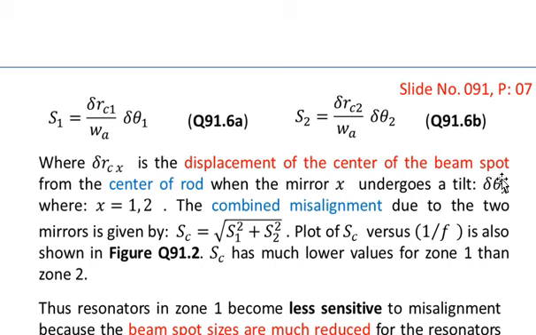of the center of the beam spot from the center of the rod. So if the center of the beam spot coincides with the center of the rod, then S1 and S2 will be 0. But due to the misalignment, when the dioptric power of the lens is changed, delta RC1 and delta RC2 may not be 0, and in that case the misalignment will occur.